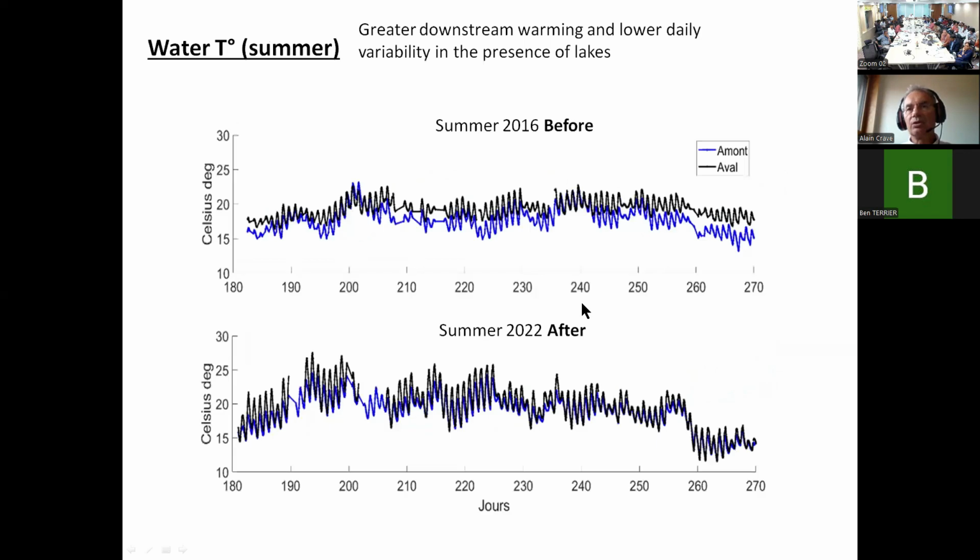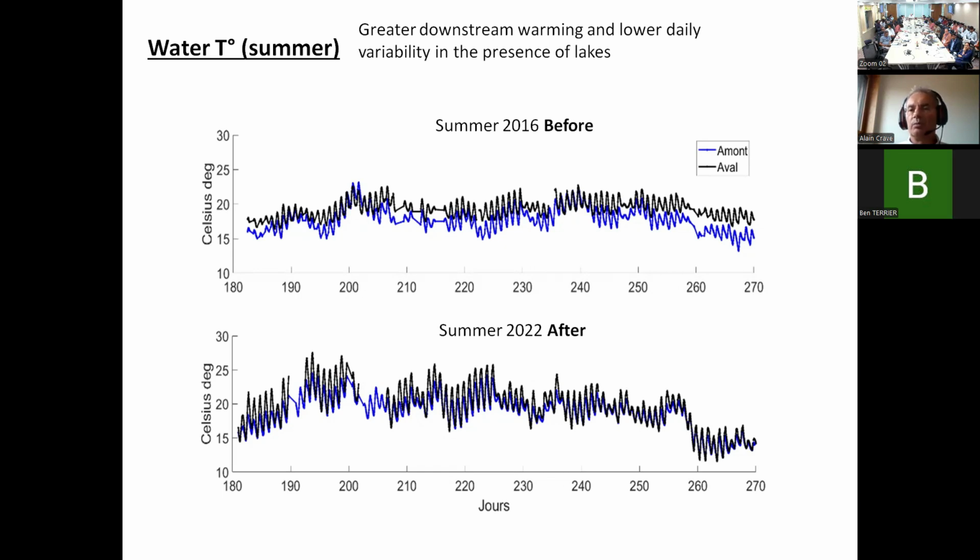And this is also true in summer, where you can see that before the removal of the dam, you have a very clear temperature shift of 2 or 3 degrees between the upstream part of the watershed and the part which is downstream of the lake. And this shift is quite significant for the biology, because now with climate change, the increase of temperature is really quite a big problem for fish species.